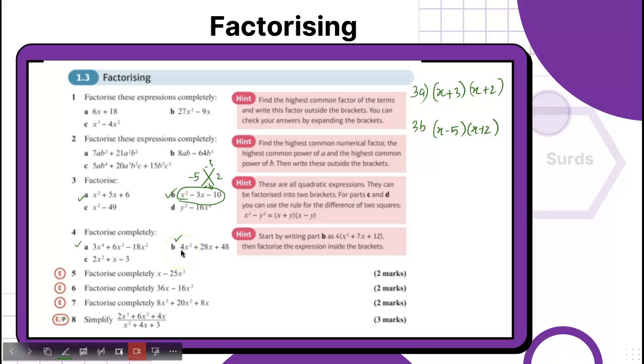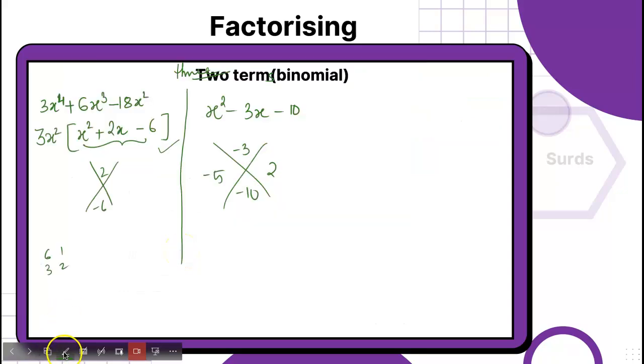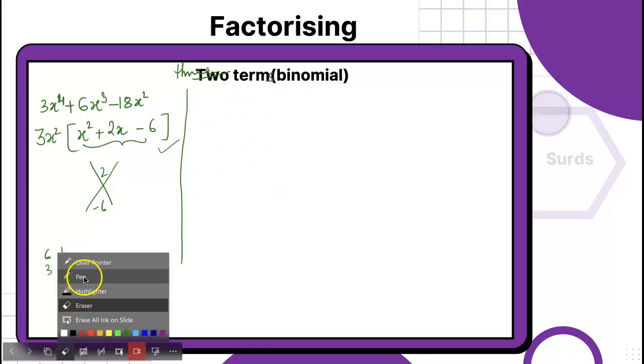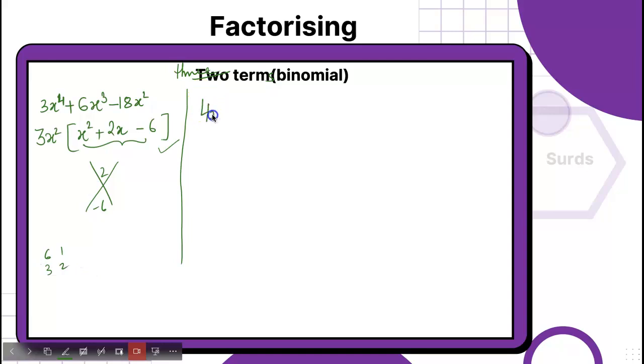So 4x squared plus 28x plus 48. Now this one, 4x squared plus 28x plus 48. Let's see if we can factorize it further. Over here, not x but 4 we can take common.